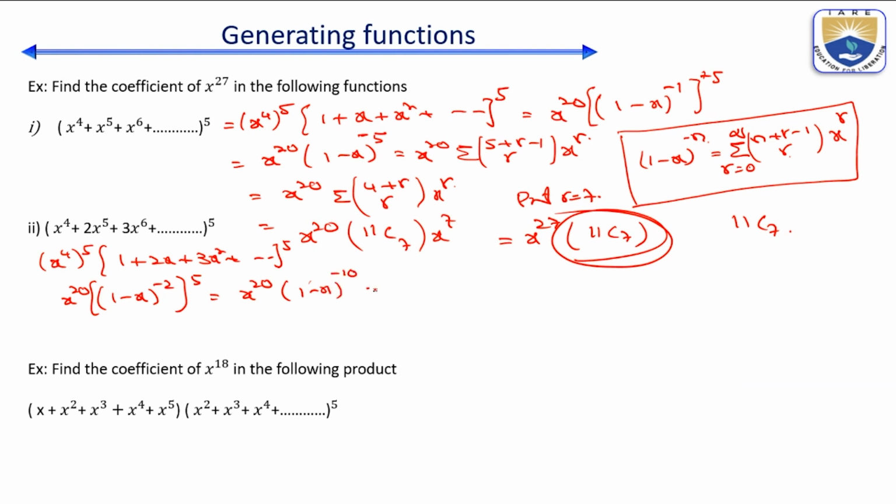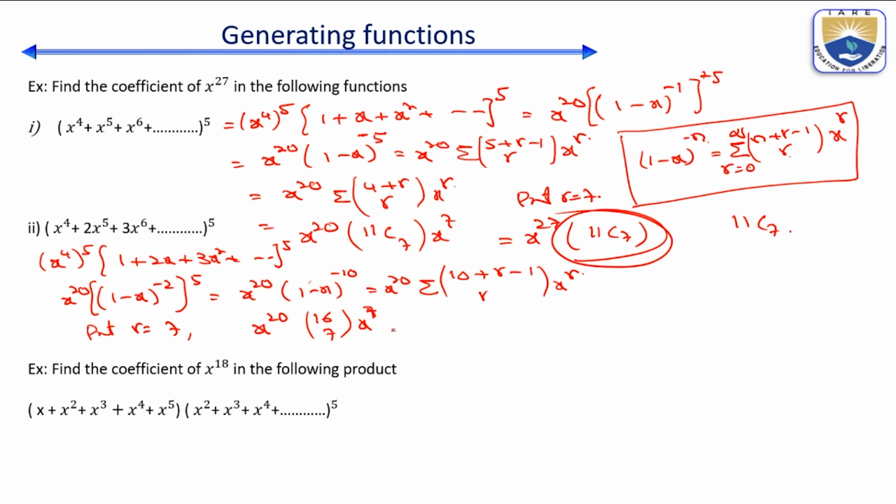Now we have x^20, then the summation of (10 + r - 1)Cr x^r. Substituting r = 7, we get x^20 times (16)C7 x^7.